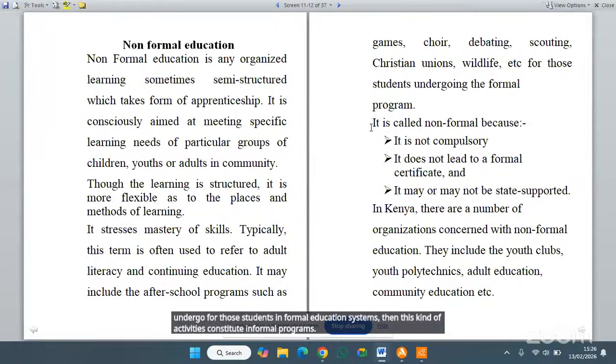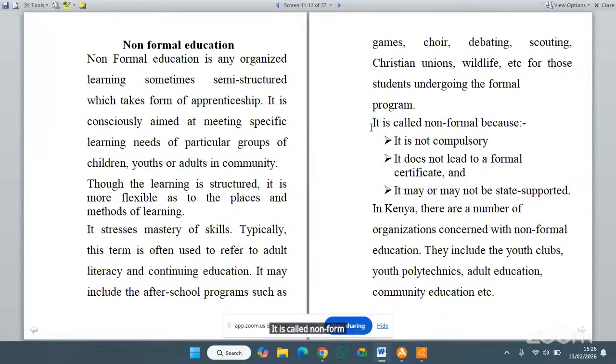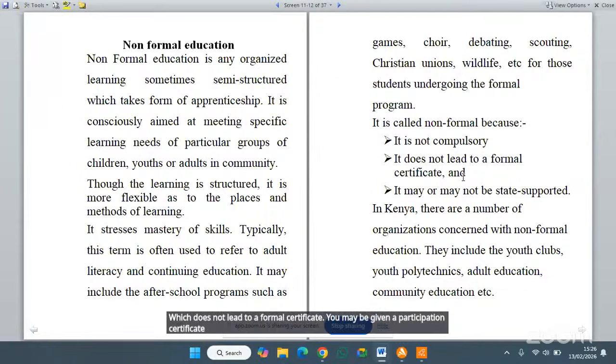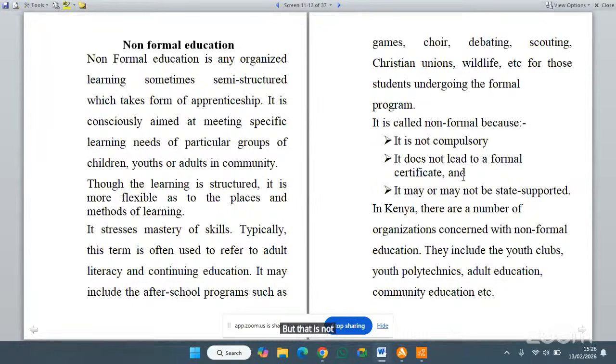It is called non-formal education because it is not compulsory. It does not lead to a formal certificate. You may be given a participation certificate, but that is not a formal certificate that is recognized by the government.